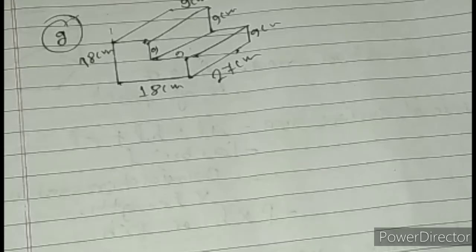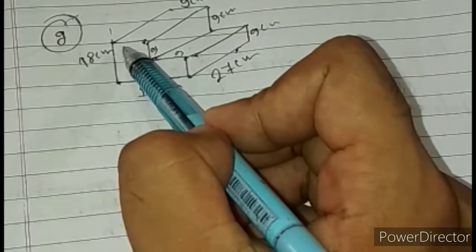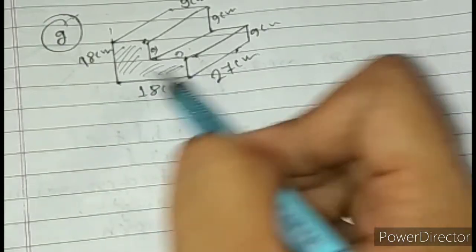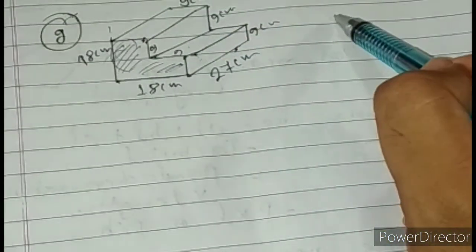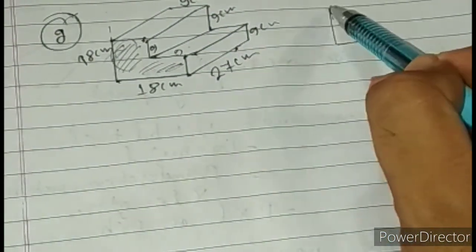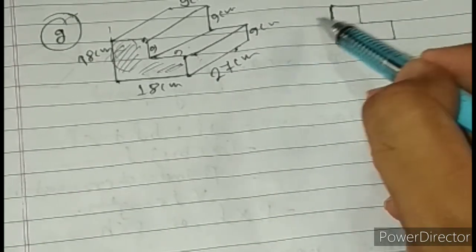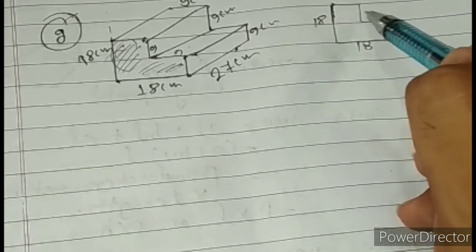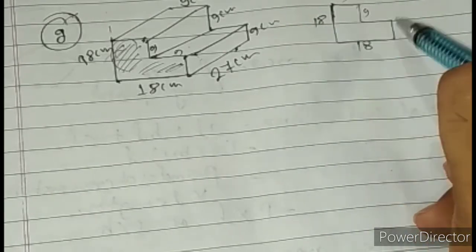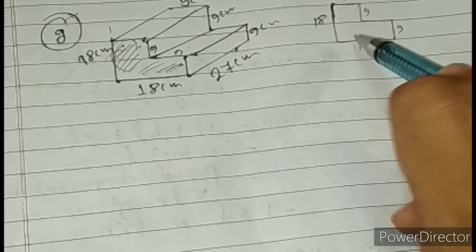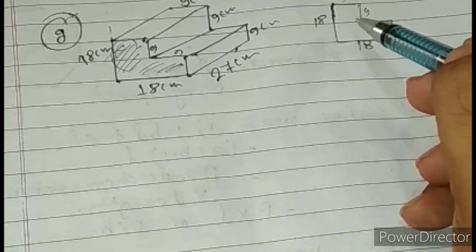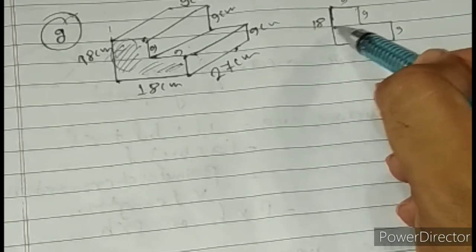Okay, question number G. You have to find the area of cross section, means this L shape. Area of cross section means this part. So roughly you can make this, where this part is given 18, this is also 18, this is 9, this is 9, this is 9. Now we can make different rectangles here.